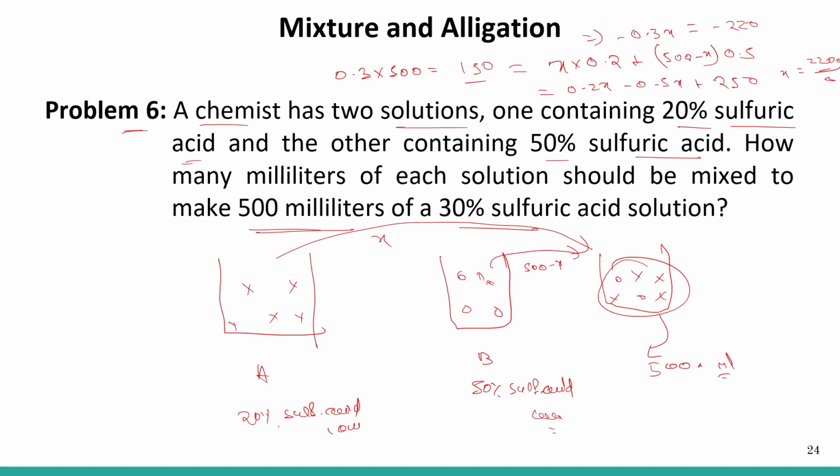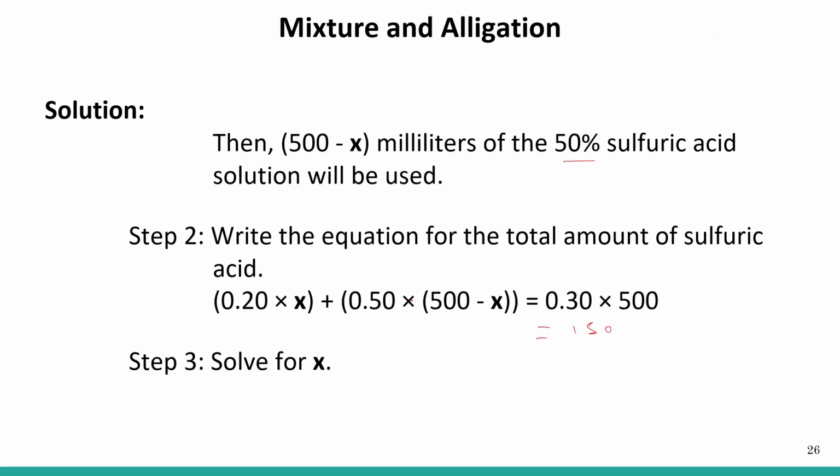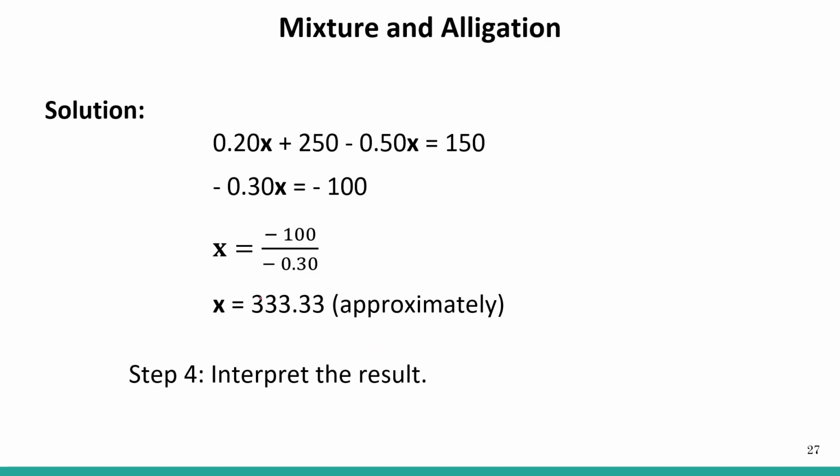So it would be 150 minus 250, which equals minus 100. So the answer will be, X is equal to 100 by 0.30. So 333.33 approximately will be the answer.